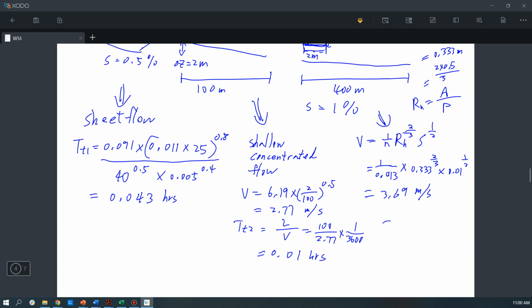So the time of concentration at this segment is the total length divided by the velocity. That is 400 divided by 3.69, and with the unit conversion to hours, we get that this part is 0.03 hours.